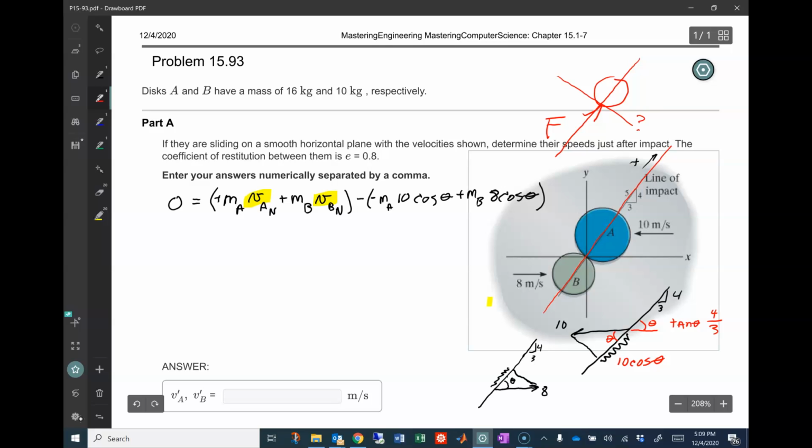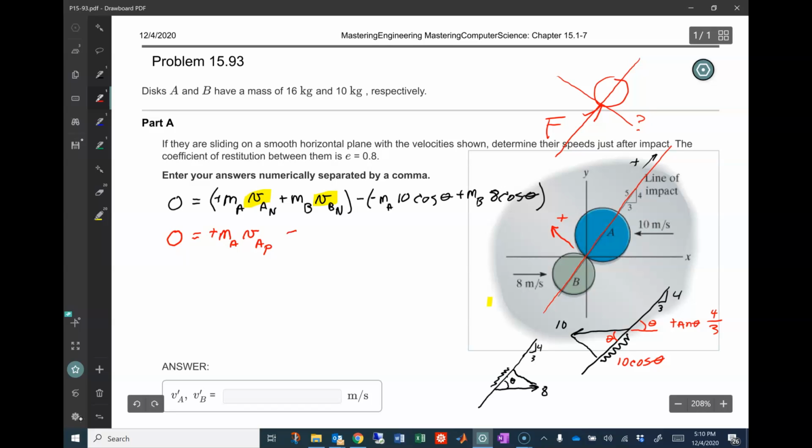So in that direction, for mass A, I can say there's no big force in the plane direction, and that equals the final momentum of A in the plane direction minus the initial. That would be mass of A times the speed of A in the plane direction, I'll call it P for plane. Which way is he going? I'm going to call this direction the plus direction. I don't know what he's doing, but I think he's going to go in the positive after they hit.